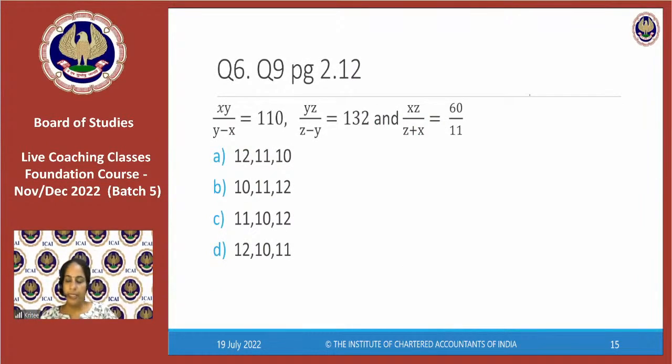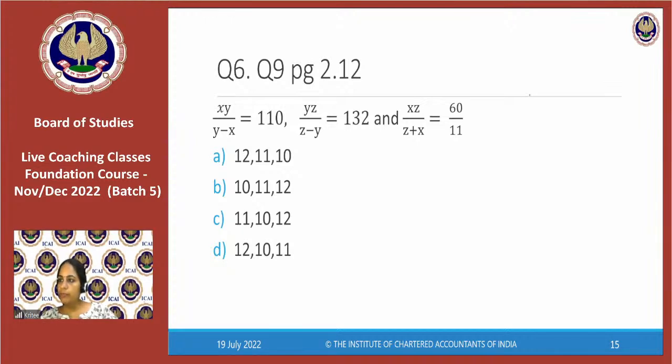Question number 9 from page number 2.12. See, I have tried to cover 1, 2, 3 questions from each of the exercises, and the rest of the questions we are practicing in the class, by way of your doubts also, and some you should be doing by yourselves also, right?